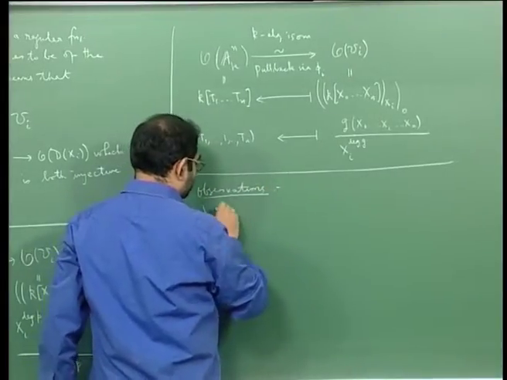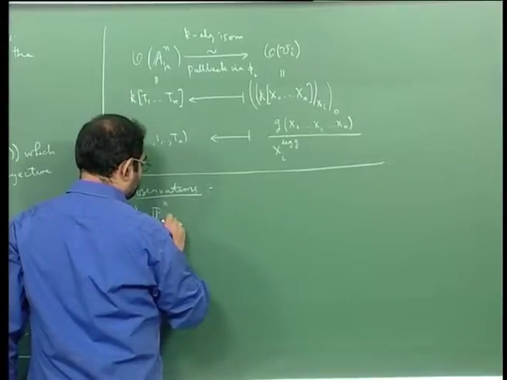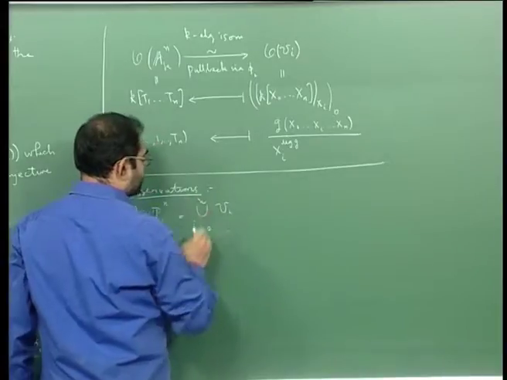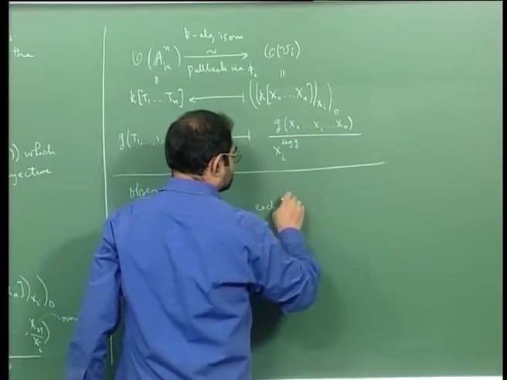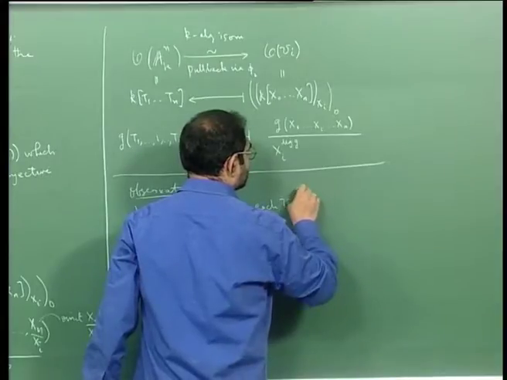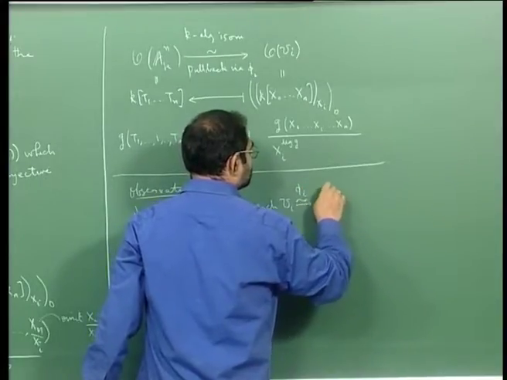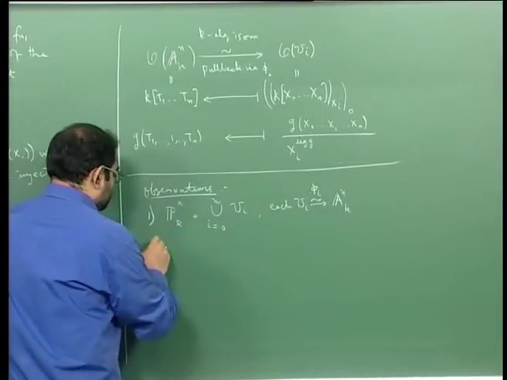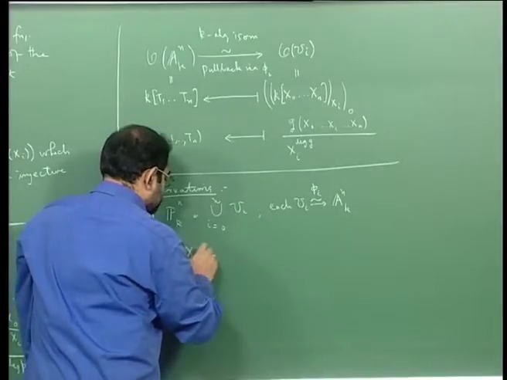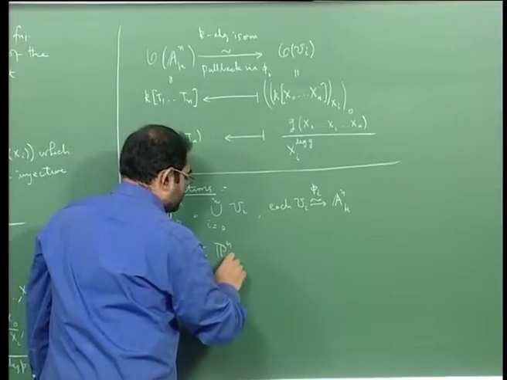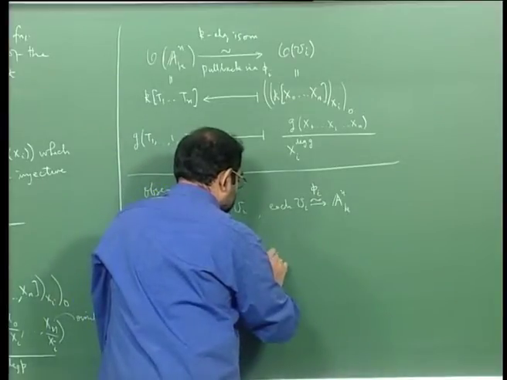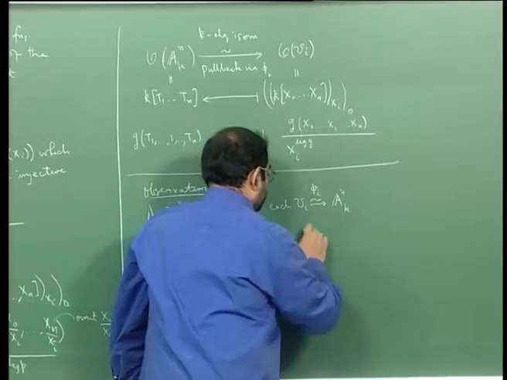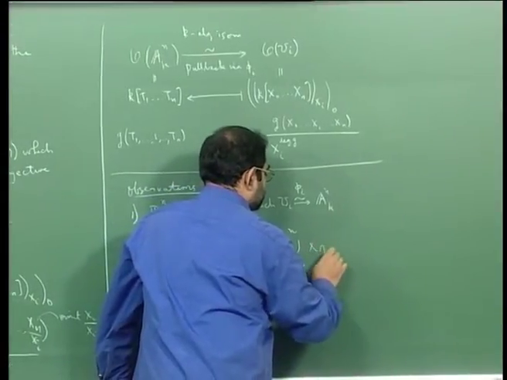Number one, the projective space itself is a union of all the Ui, i equal to 0 to n, each Ui isomorphic via phi to An. Number two, if X is a subset of Pn, then X is a union from i equal to 0 to n of X intersection Ui.